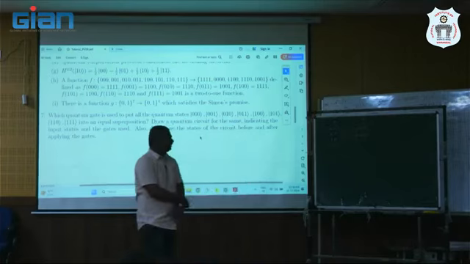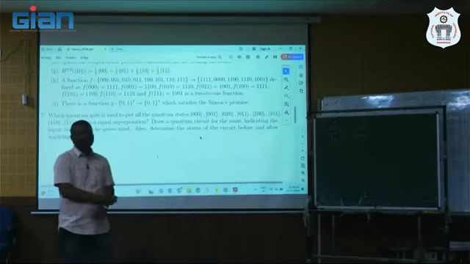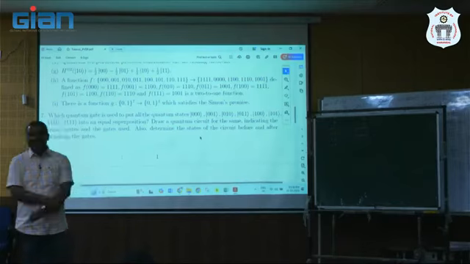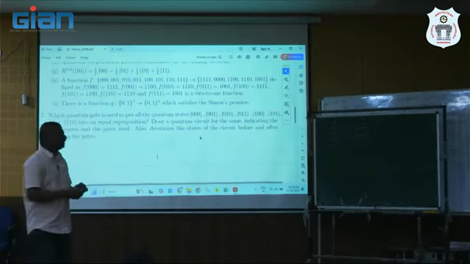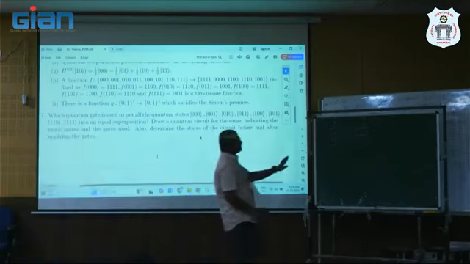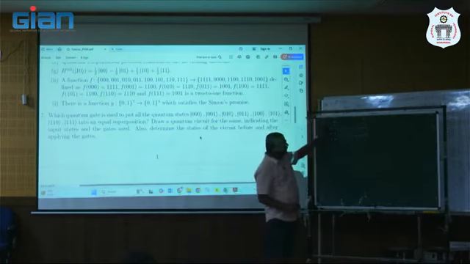Is it a function first of all? It is a function. Is it 1 to 1? No, it is not 1 to 1. Now, is it 2 to 1 function or not? 2 to 1 means exactly 2 elements of A have the same image.